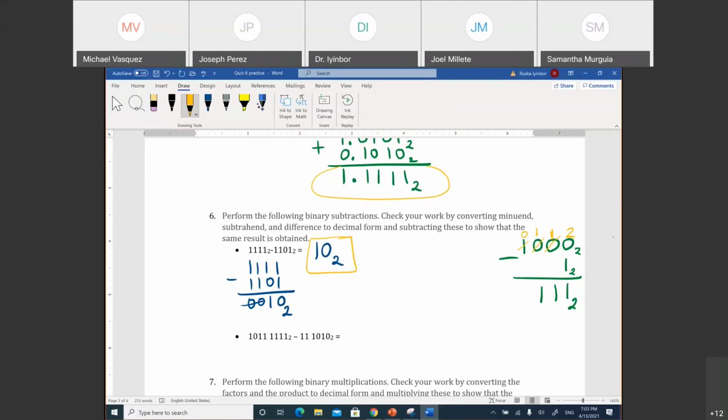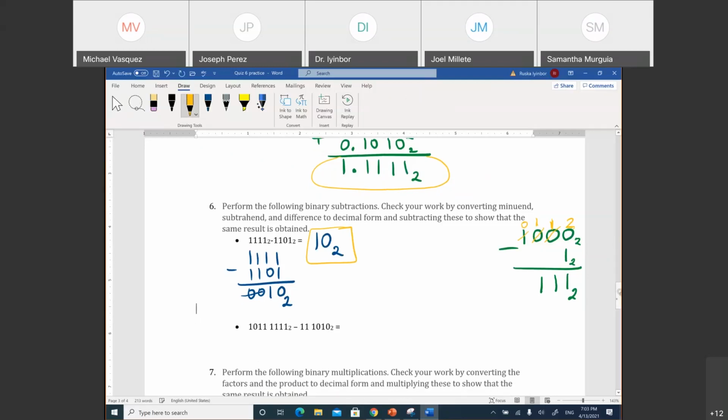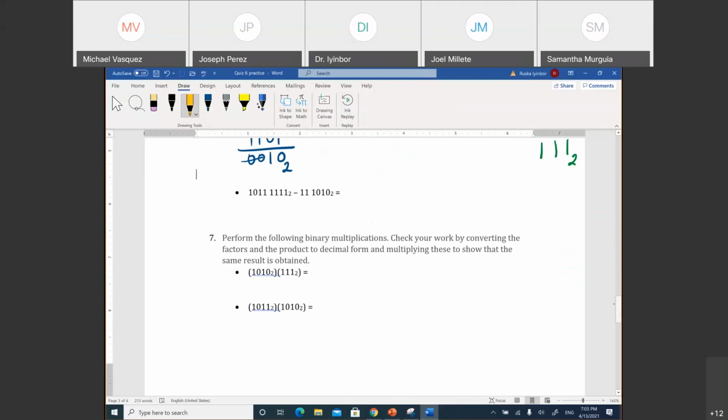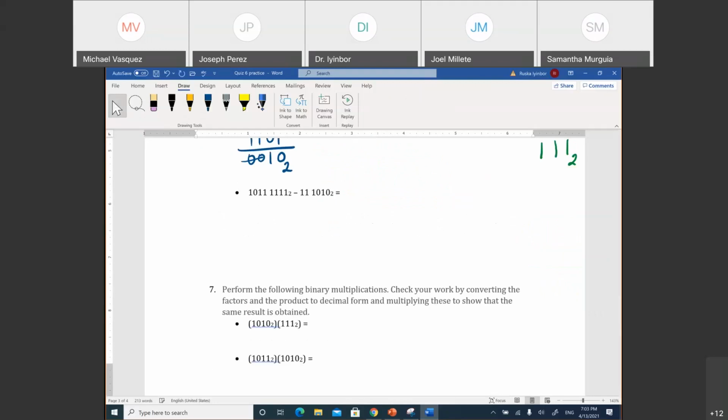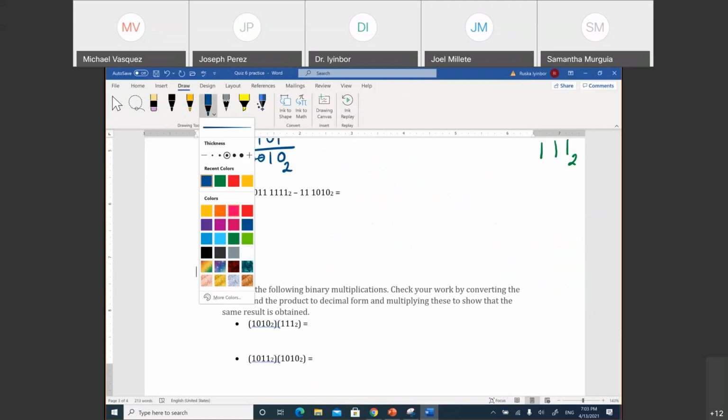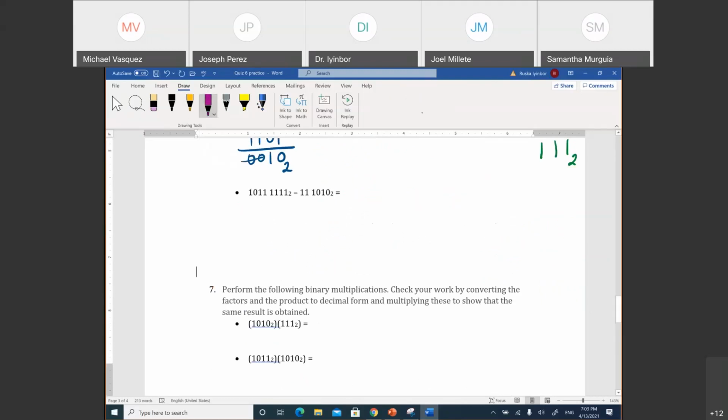Let's do the next example the same way. We're gonna line them up and you're gonna subtract. So let's see, you have 4, 4. So I have 1, 0, 1, 1.